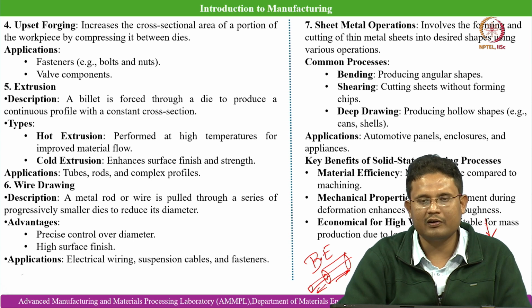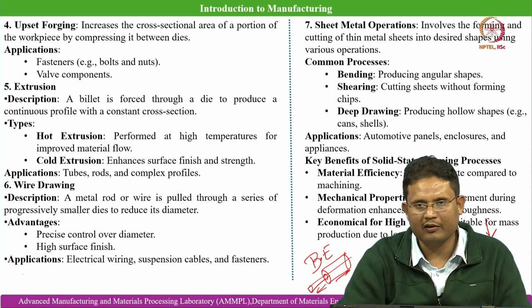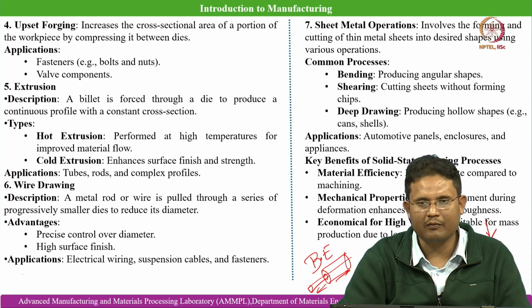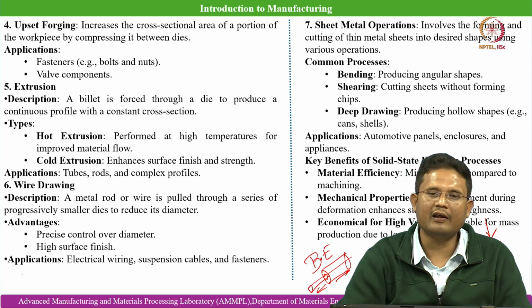The mold geometry and the gating geometry are functional parts during casting, so they need to be removed. That causes a lot of wastage of the raw material. But those kinds of problems are often not that severe in solid state processing routes like the metal forming techniques that I have discussed until now. So that is a major thing, that is material efficiency.